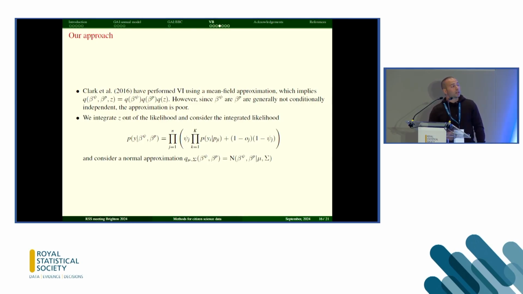What we do in our case is, first of all, we integrate all the latent variables out of our likelihood, and then we consider a multivariate normal approximation as a variational distribution on the coefficients of detection and occupancy. Essentially the parameters to be found for this variational family are the mean and the covariance matrix, actually the Cholesky factor of this normal approximation.